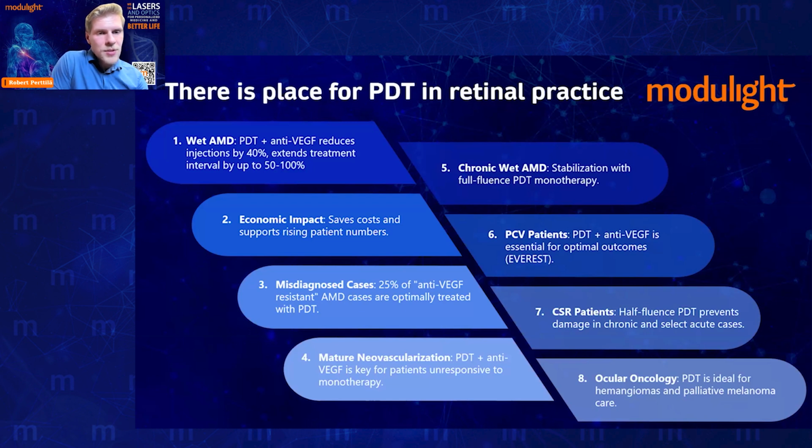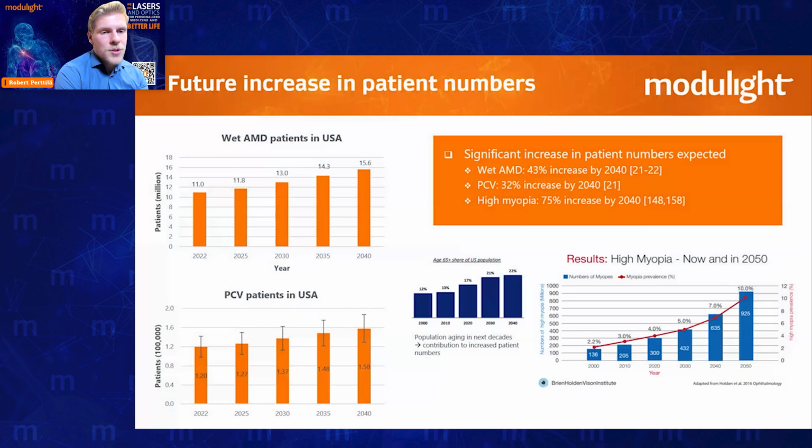Then, as I already briefly indicated, there is a significant increase in the future for patient numbers, specifically for wet AMD, PCV, and high myopia, and also pathological myopia. This is mostly driven by the aging population for wet AMD and PCV, but for myopia and pathological myopia, there is basically even a global pandemic that is also found in younger patients.